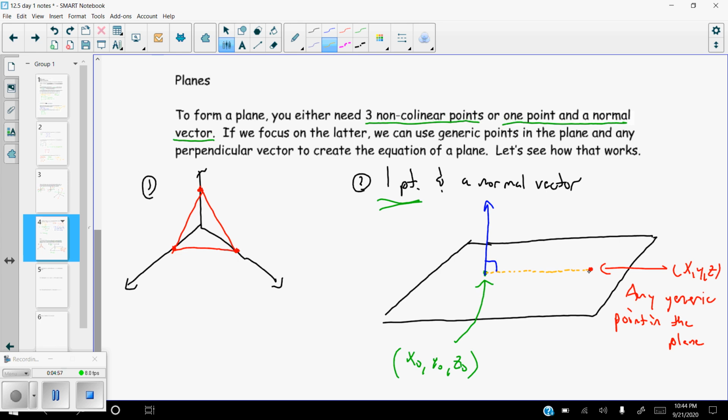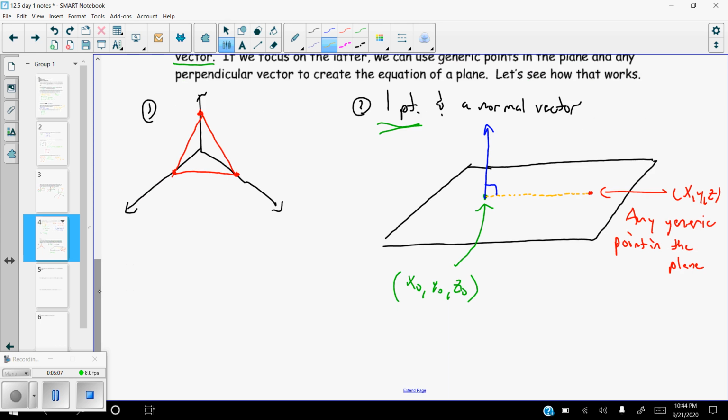So what we need to remember is this: I can create a vector between x, y, z, and x naught, y naught, z naught. So the vector between those 2 points in the plane is going to be x minus x naught, because it's just the difference between the two, y minus y naught, z minus z naught.